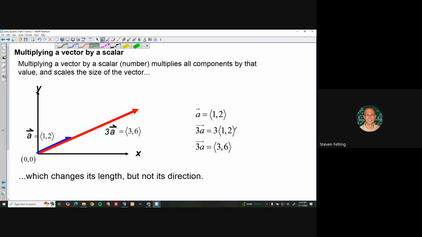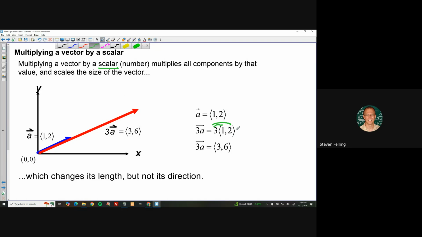What about multiplying a vector? In this course, we're going to talk about how to multiply a vector by a number that isn't a vector. To distinguish that, we call that number a scalar. If we have 3 times A, where A is the vector 1, 2, you can just imagine distributing the 3 in there.